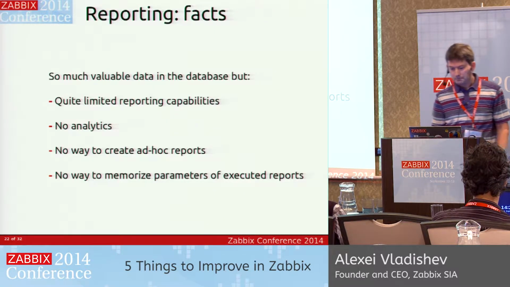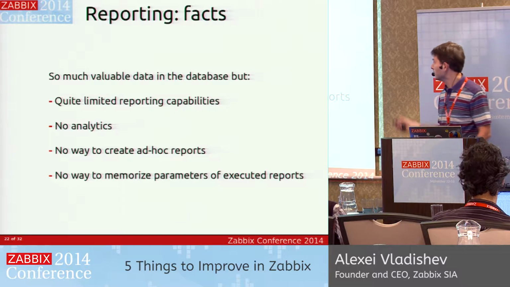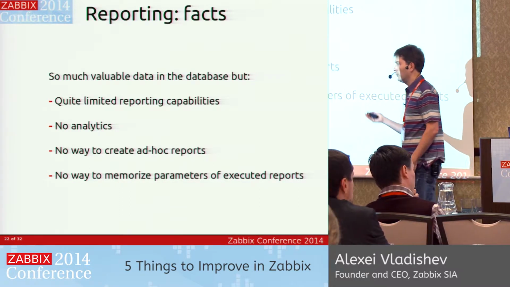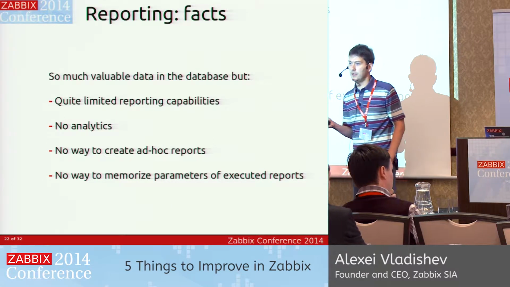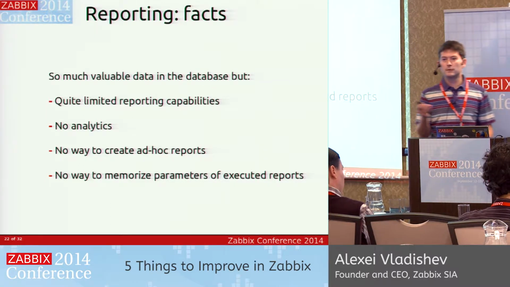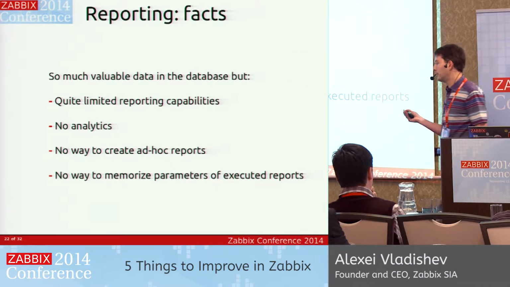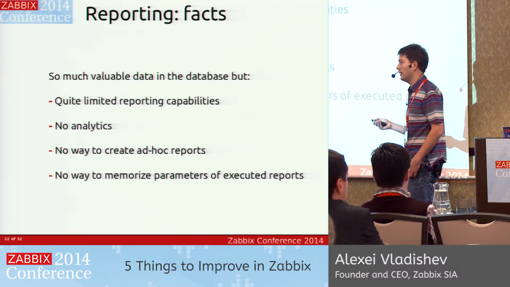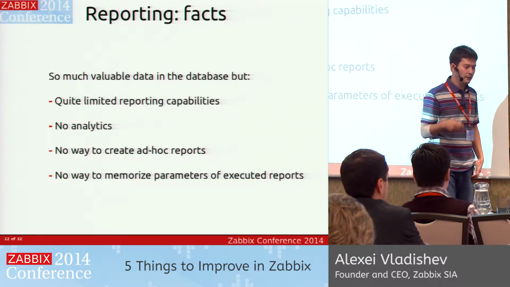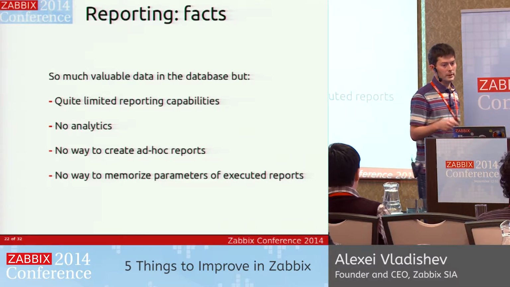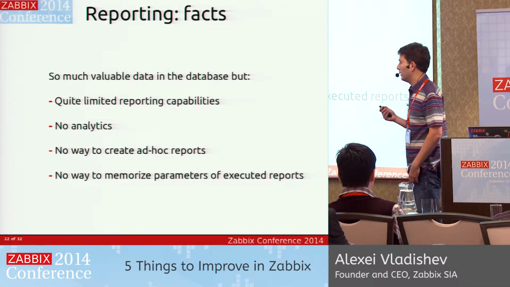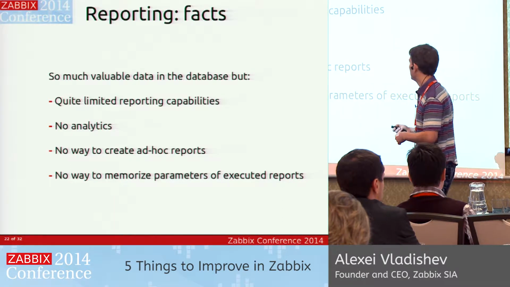Another problem is reporting. We have so much value in the information collected by Zabbix. It's everything: events, information about problems, we have history, we have trends. Everything is in the Zabbix database, but we present this information badly. We don't present it in a good way. We can do it in a much better way.